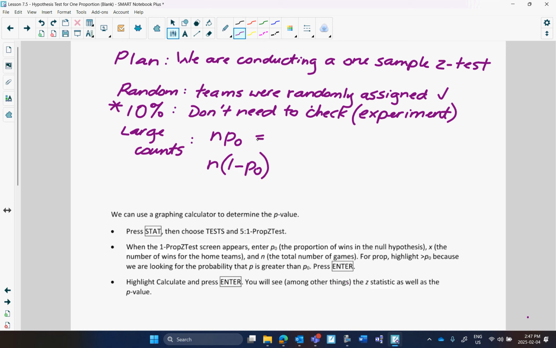So sample size was 88, null value was 0.5. 44, that's good. 88 times 1 minus 0.5, which is the same thing. 44. We're good. We can continue. Okay. Now, here's where we use our graphing calculator.